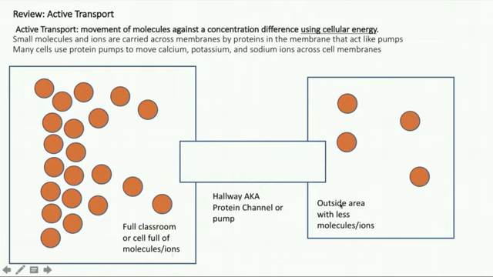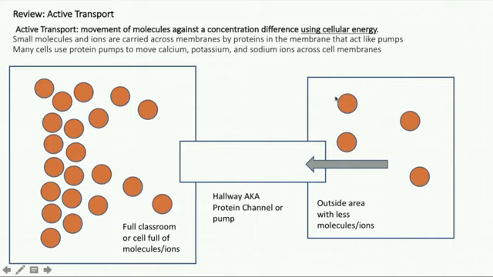Okay, now here is the outside area, and obviously there's a little bit more room and less people. So naturally, all of the molecules or ions or students out here, they don't want to go back into a crowded classroom. Okay, that is against their concentration gradient. That's going to require some energy. Okay, but I am telling them, get back in class. You have to get back in class, get out of the hallway. So I have to apply some energy, okay?